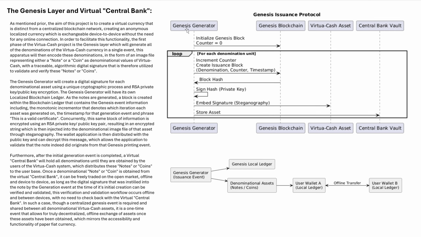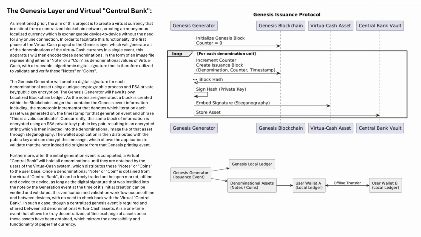So the first part of it, the Genesis generator, we initialize the Genesis block for this blockchain, and we start a counter at 0. We then loop for each denominational unit. We increment the counter, create an issuance block, which has the denomination, counter, timestamp, as well as information like this is a valid certificate, and we hash this block.